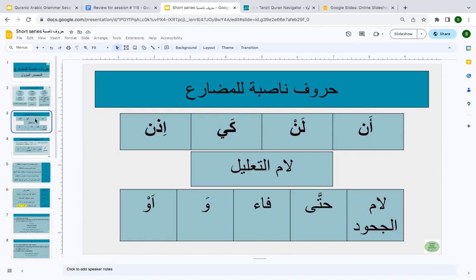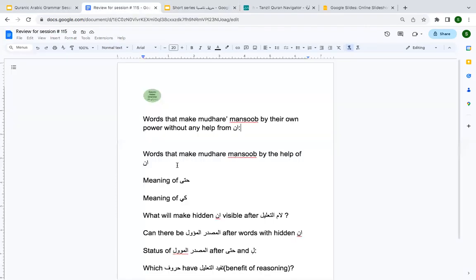When it comes to mudare mansoob, words that make mudare mansoob by the help of an, they include, what are those that need an to make mudare mansoob? Hatta, li, very well done. Lamu ta'lil, which is li, yeah, lamu ta'lil.